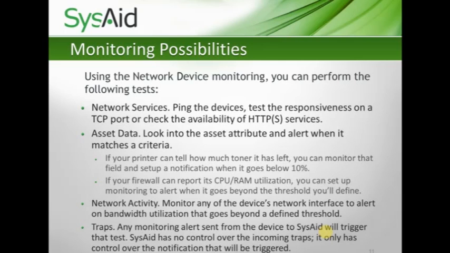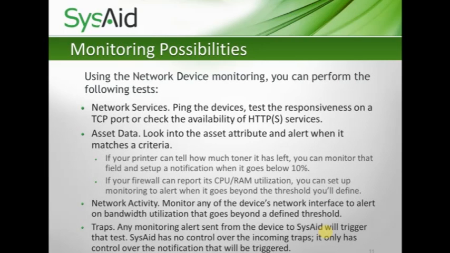So for example, if you have a printer that has a web interface to control it, you can do a network test on TCP port 80 and see if that printer responds on port 80. If it responds, then everything's okay. If not, it might mean that this device is down.